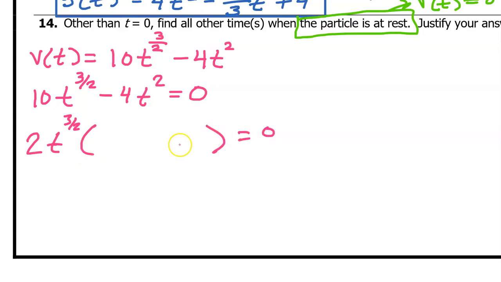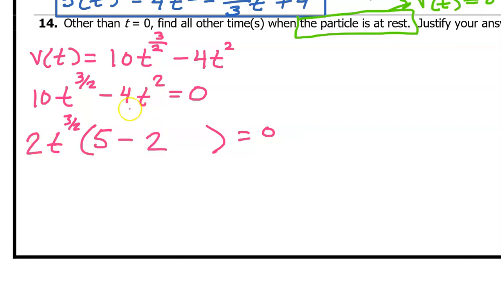So now let's think about what will be left on the inside. I am dividing each of these terms by 2t to the 3/2 power. 10 divided by 2 is 5, so we have that. T to the 3/2 power divided by t to the 3/2 power is 1. So those cancel out completely. Moving on. 4 divided by 2 is 2.